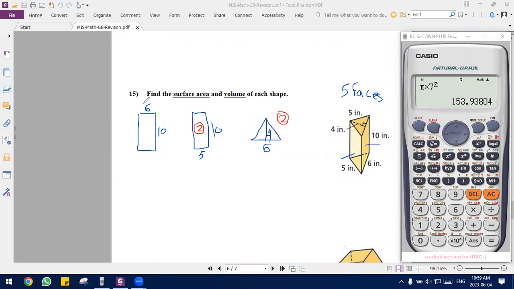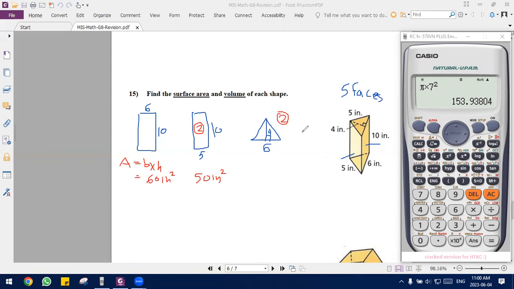Now let's find their area individually one by one. The area of the rectangle, you should write the formula. Base times height. 6 times 10 is 60. Unit: inches squared. Here it's 5 by 10, which is 50 inches squared.